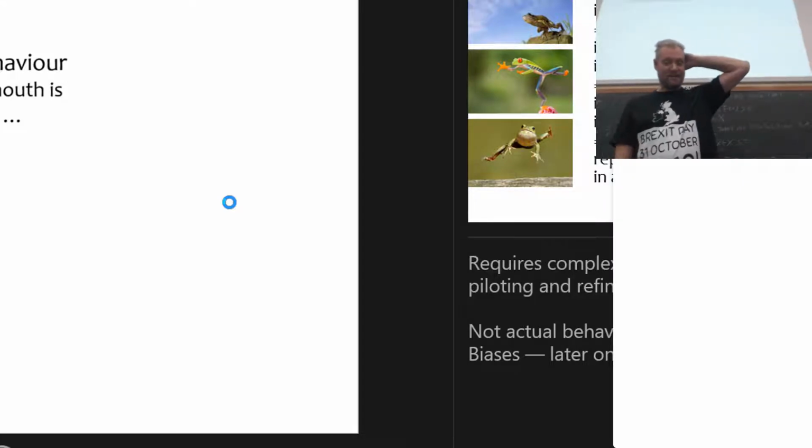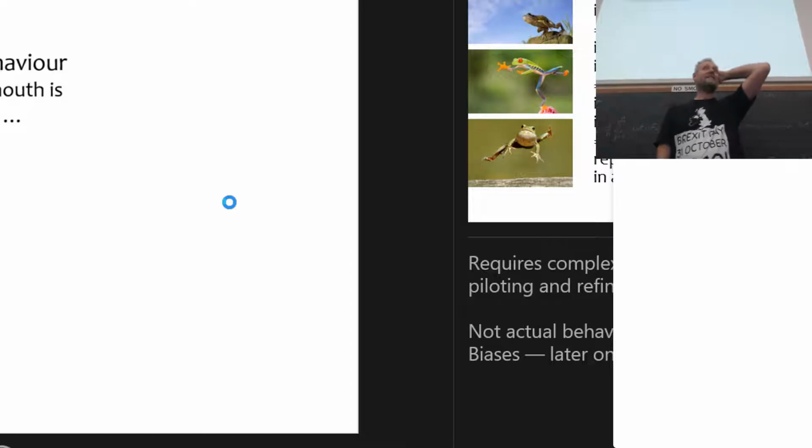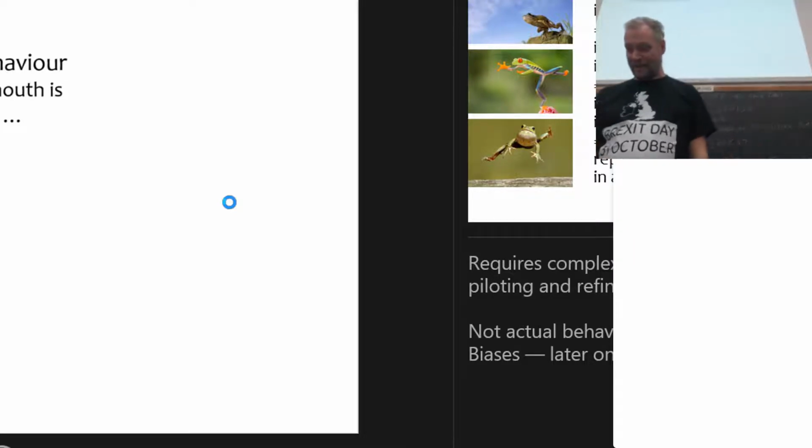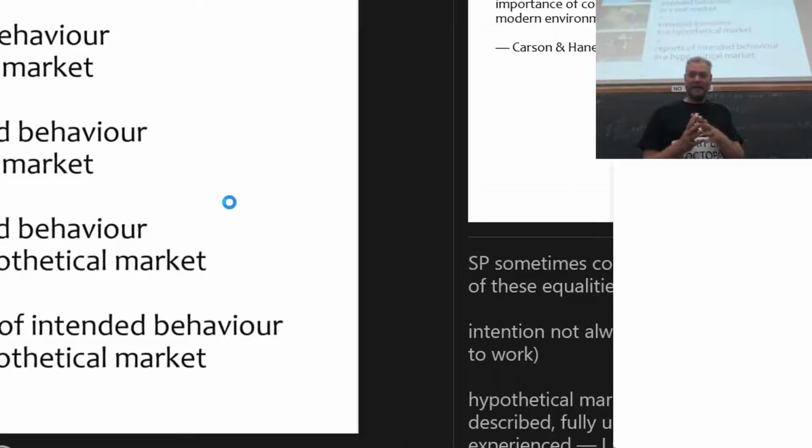The conceptual drawback is that it's not rooted in actual behavior. You're asking people what they would do if, and that essentially you make 3 leaps of faith. So really what you're interested in is how people behave in an actual market, but what you're asking is how people say they would behave in a hypothetical market.